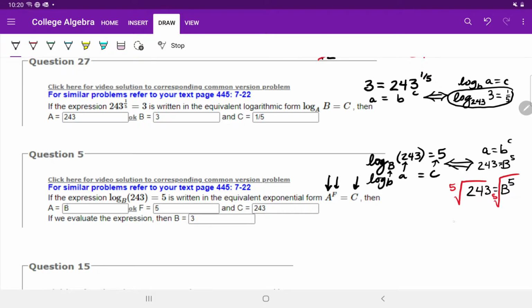We get the 5th root of 243 is equal to b, and you can use your calculator or maybe even calculate this in your head. We're looking for a number that multiplies by itself 5 times to give us 243. That would be 3. So that's where you get your evaluated answer.